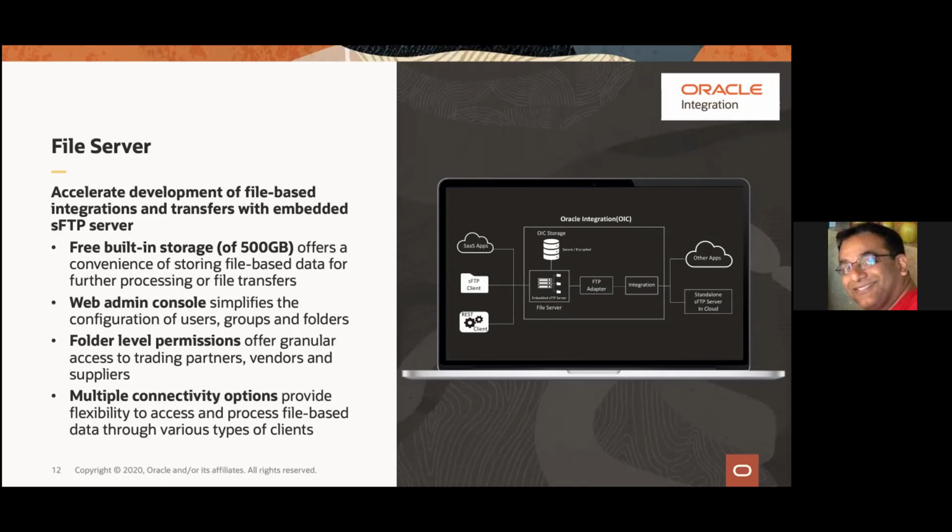It's part of the subscription. All you need to do is activate it. And once you've activated, you have an SFTP endpoint that you can then publish to your partners, or the other customers who want to transfer files.